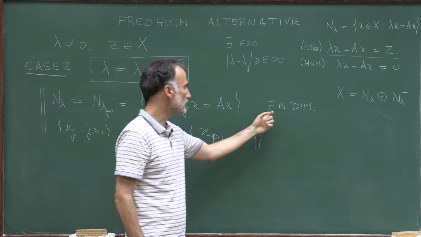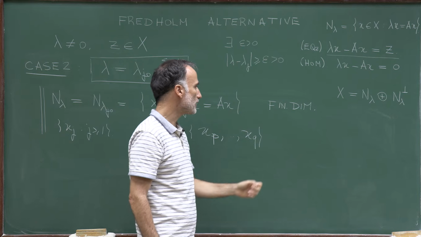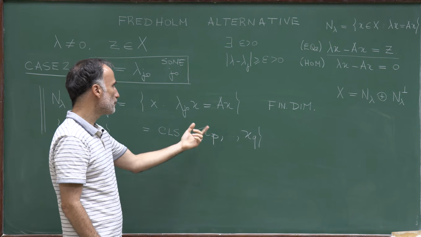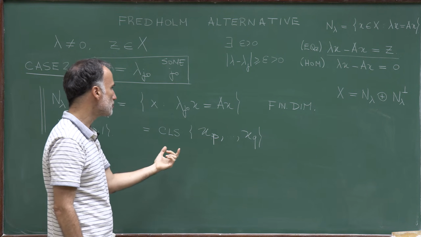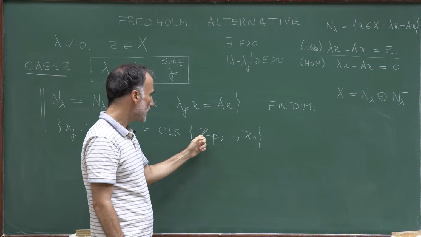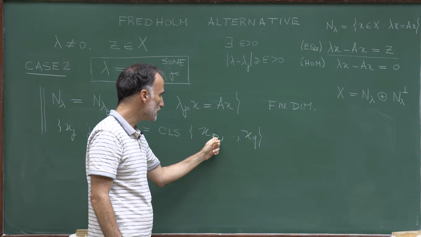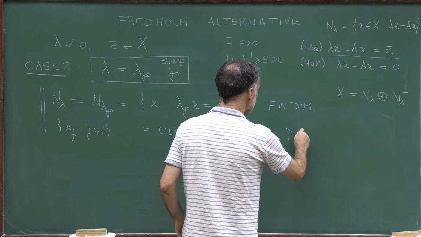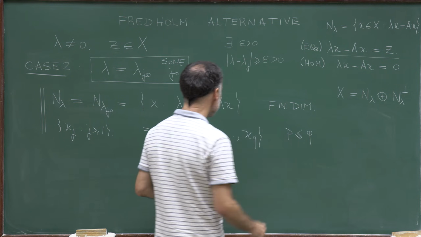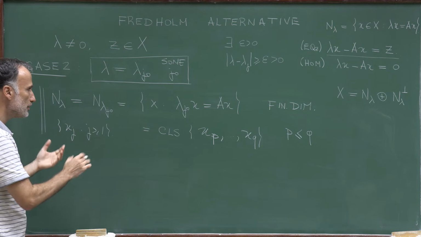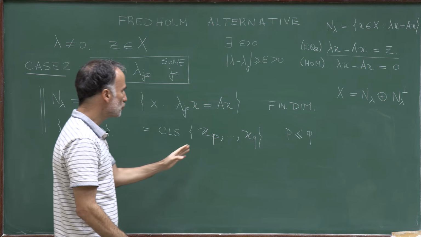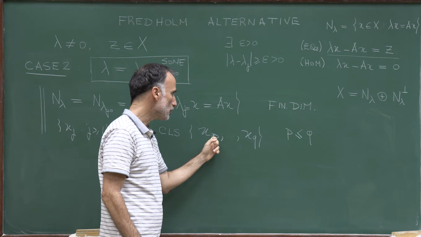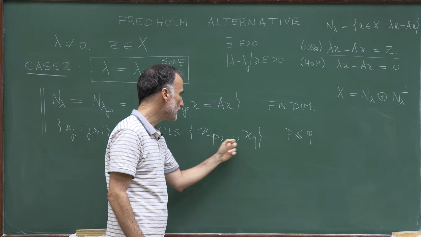We proved that this space is finite dimensional in the previous lecture. So let's say that this space is the space generated by the eigenfunctions going from x_p to x_q, where p is less than q. And suppose here that I change the order of these eigenfunctions so that the ones associated to this eigenvalue are the ones running from p to q.